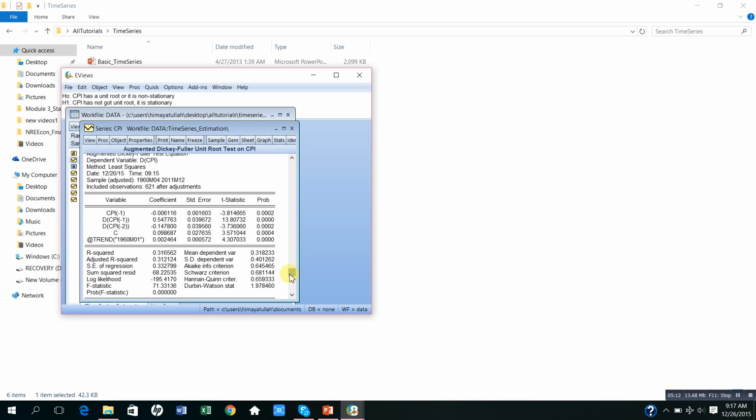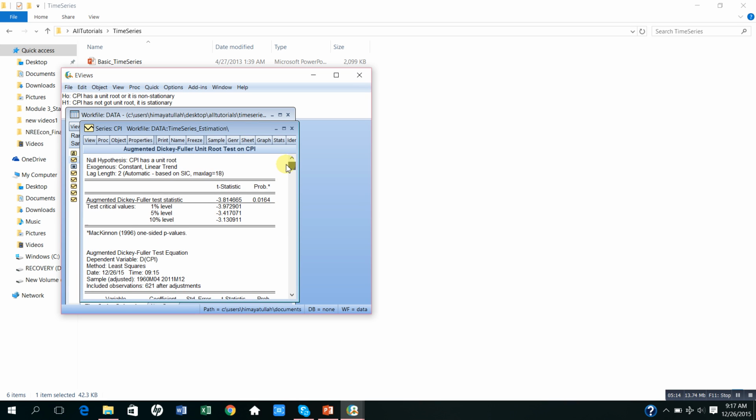Now let me see the t-statistic. The t-statistic of the augmented Dickey-Fuller test is 3.814665, and if I compare this with the test critical values which are provided by EViews, this value in absolute terms is less than these values. So I fail to reject the null hypothesis. It shows that the consumer price index has a unit root.